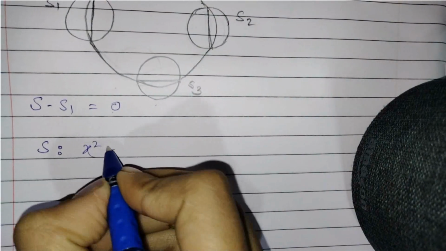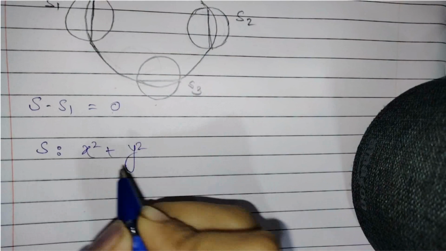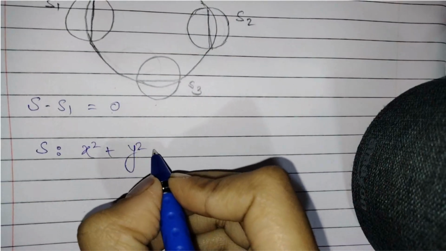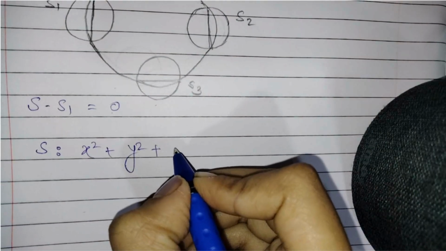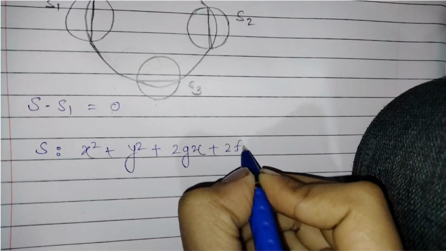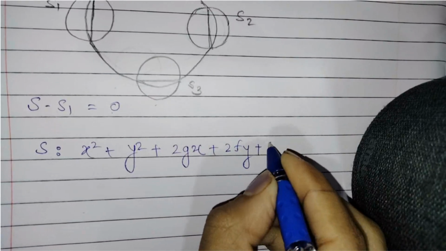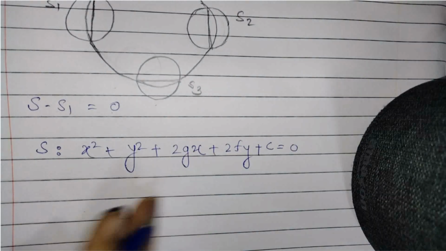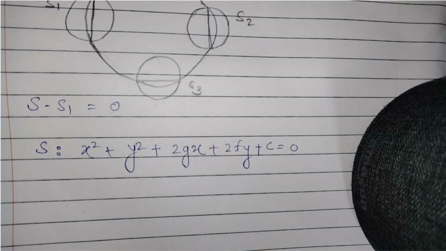So we can write it as x square plus y square plus 2gx plus 2fy plus c is equal to 0. This is the general equation of any circle.